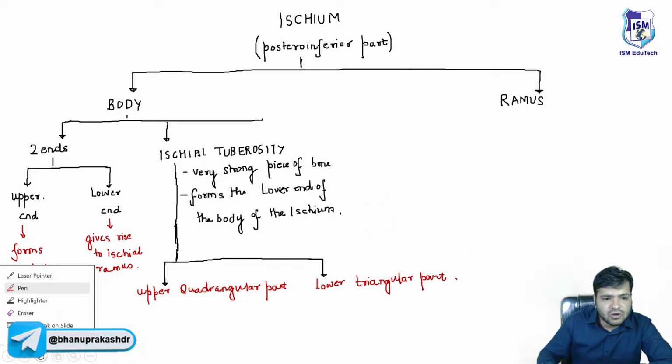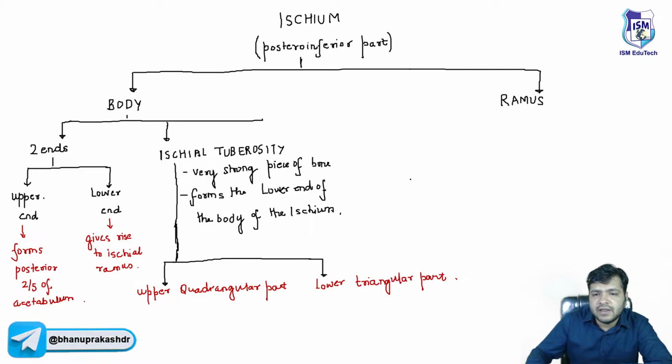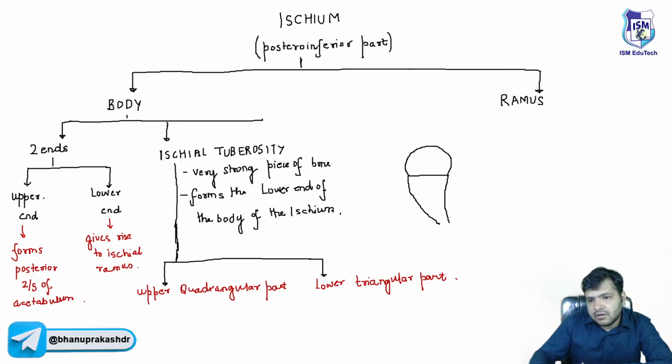Now if you want, you can draw this as well, beta. You are very well aware. For example, if I am drawing like this, you already know that this is the upper quadrangular part, and we have the lower triangular part, and this is the transverse ridge.